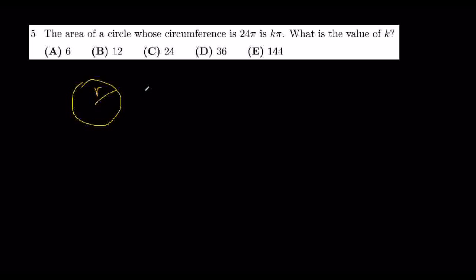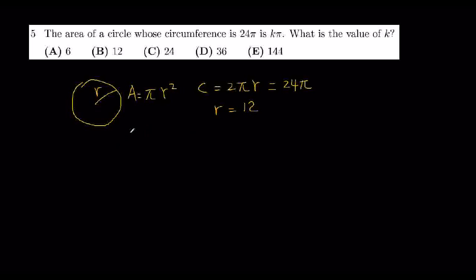Then its area would be pi r squared, and its circumference is 2 pi r, which is given as 24 pi, and from that we know r equals 12.